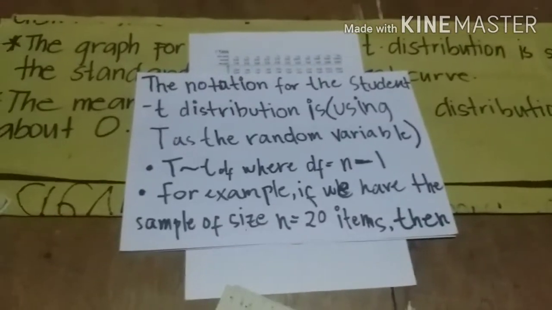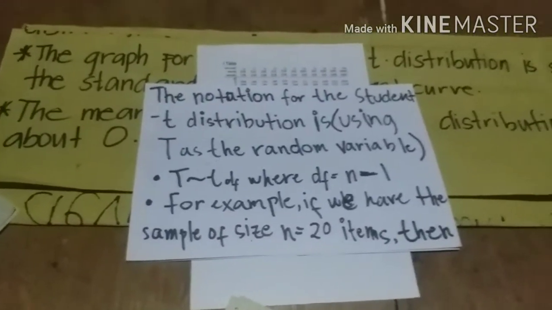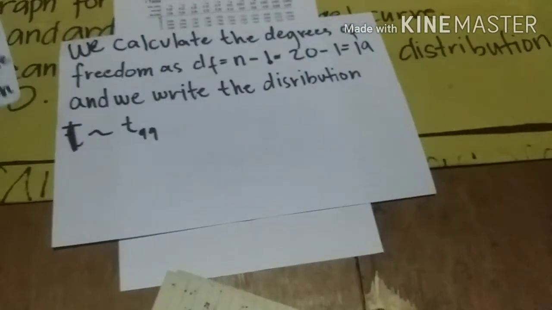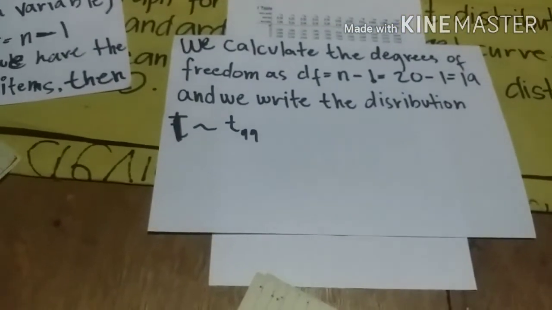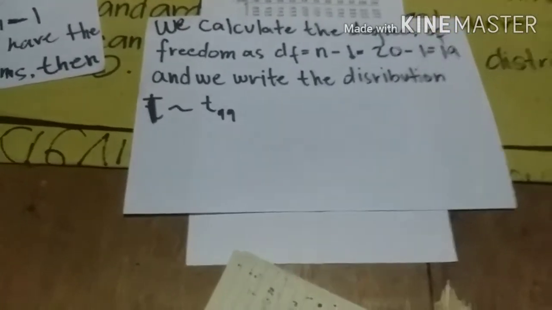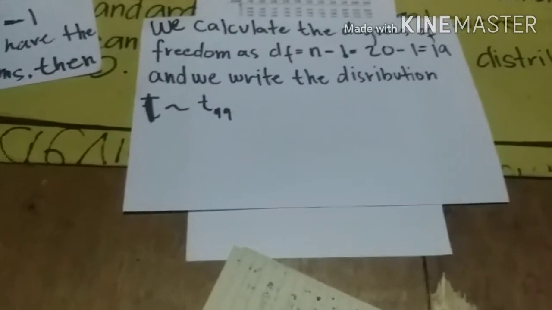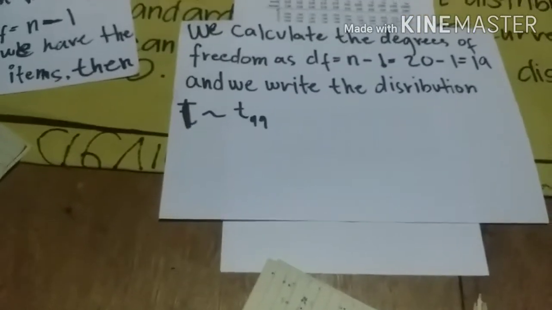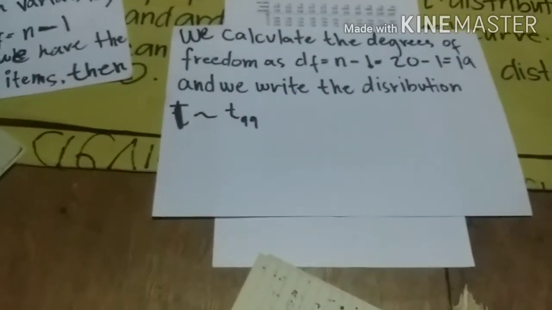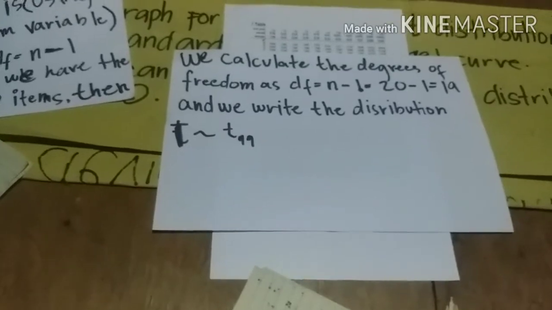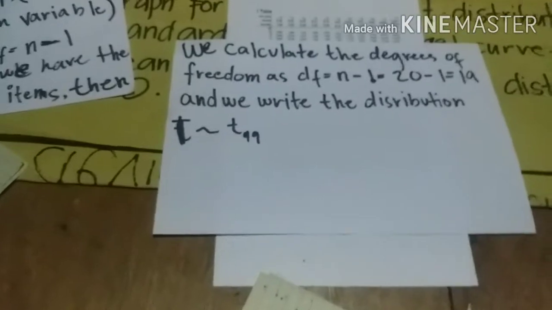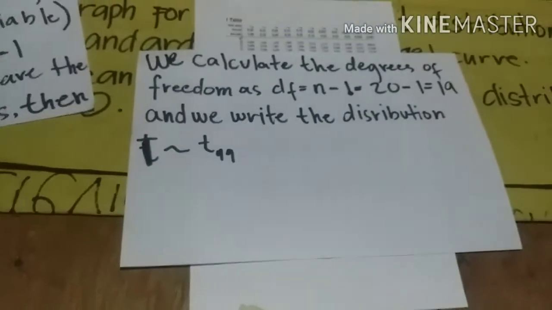For example, if we have a sample size n of 20 items, then we calculate the degrees of freedom as df = n-1, so equals 20 minus 1 equals 19. So, we write the distribution T19. So, yan na yun. Yun yung sinabi ko kanina na yung student T distribution is nagre-rely lang sa degrees of freedom, which is yung sample size minus 1. So, ito na yung example niya.